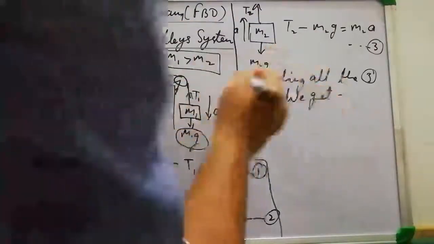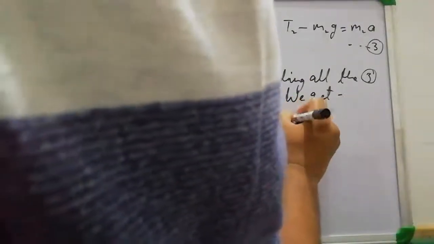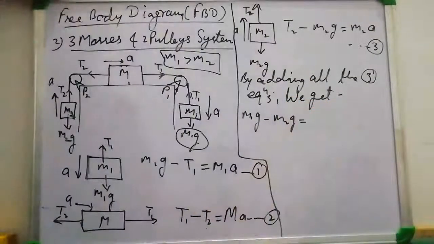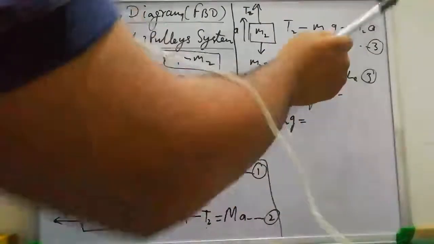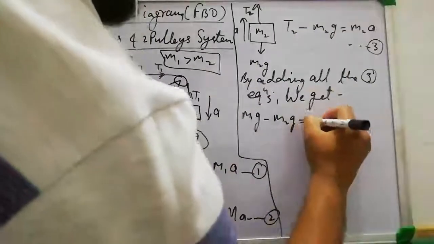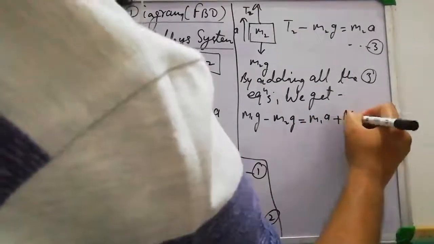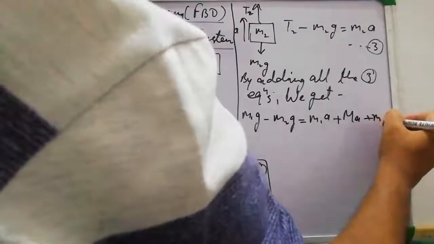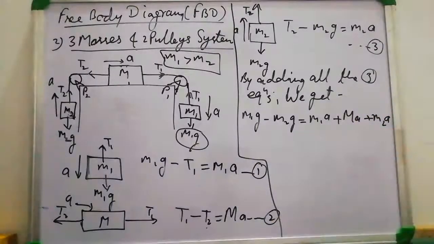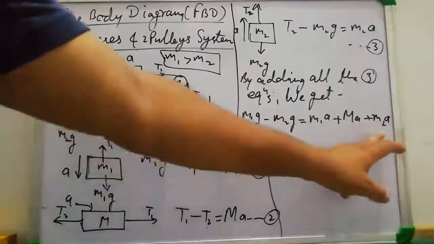So what will we get here on the left side? On the left side we will get M1g minus M2g, and on the right side we will get M1a plus capital Ma plus M2a. Now what will we do? We have to calculate the acceleration.